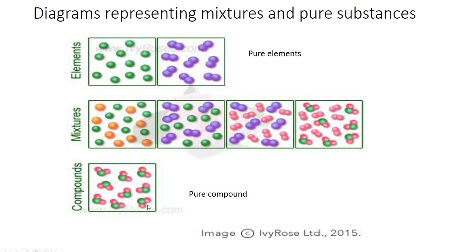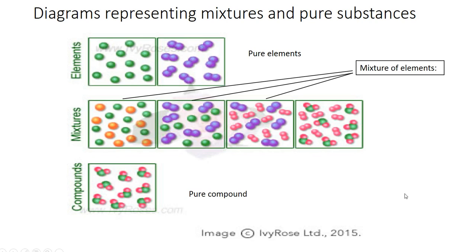If I ask you, can you draw me a diagram of elements? Can you draw me a diagram of an atomic element or a molecular element? Can you draw me a diagram of a pure compound? So this is an example. The difference is that a pure compound has different atoms. As you can see here, we have one type of atom here and then another type of atom.